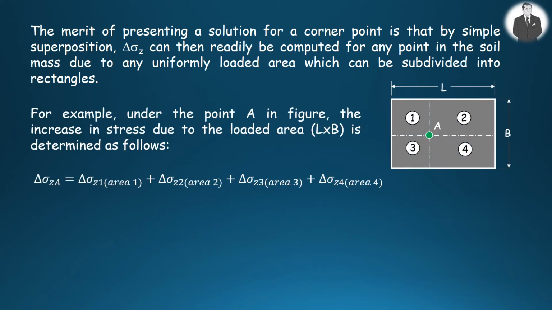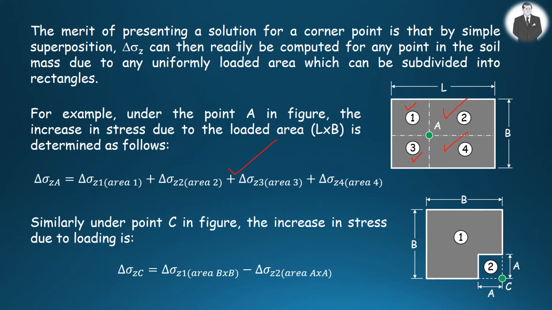For example, under point A in the figure, the stress increase due to the loaded area is determined by dividing the rectangle into smaller ones, determining the stress increase beneath the corner of each rectangle, and then combining them.